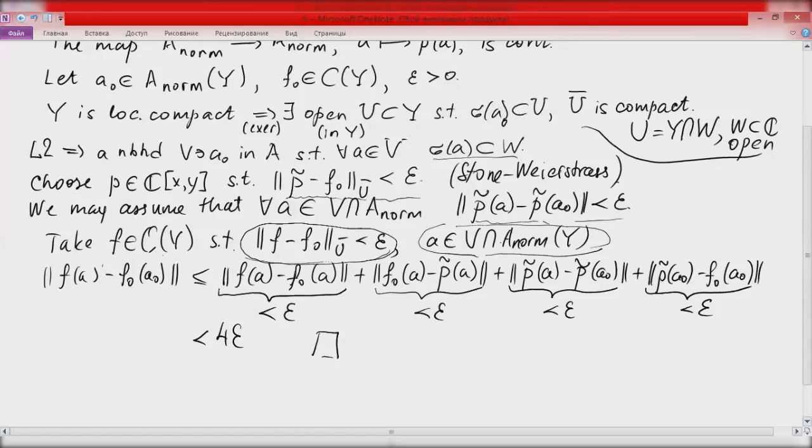So this implies that our map is continuous. So this completes the proof.